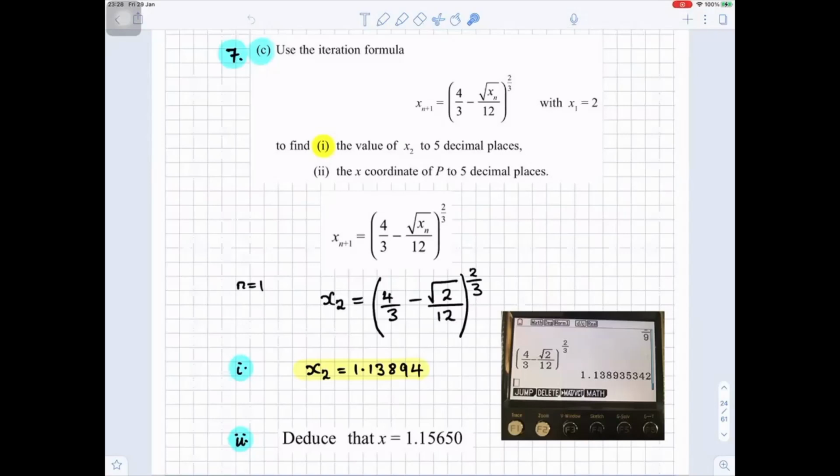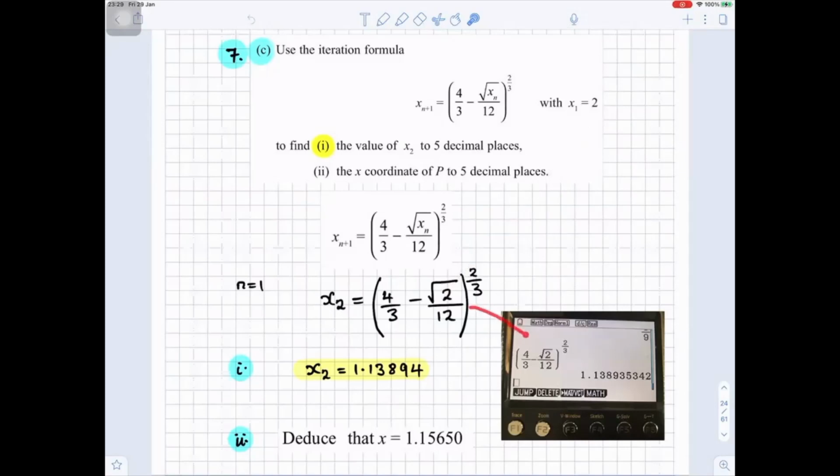So x2 would be 4 over 3, stays the same. Square root of x_n, since n is 1, we want to put x1 there, and x1 is 2. So we put square root of 2 divided by 12 to the power 2 over 3.